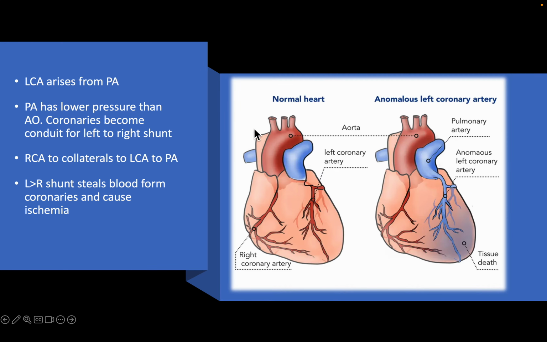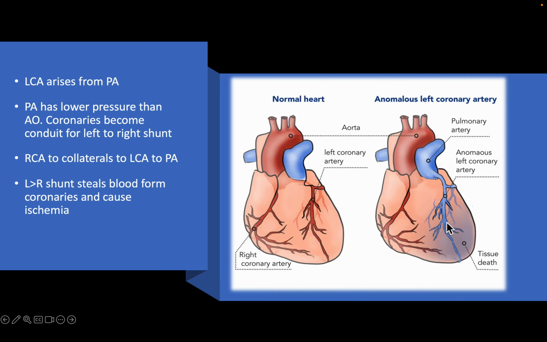Now in this patient, the left coronary artery arises from the pulmonary artery, and in fact it doesn't get blood from the pulmonary artery to supply the left ventricle, but it forms a shunt because the pressure is higher in the aorta and lesser in the pulmonary artery, so there's more pressure in the RCA, the right coronary artery.